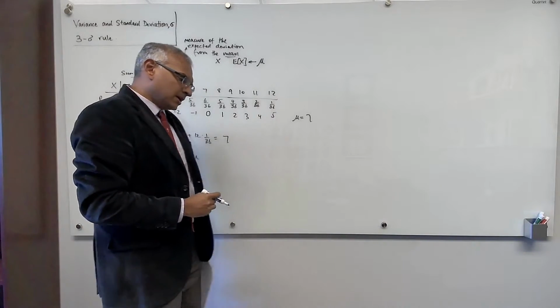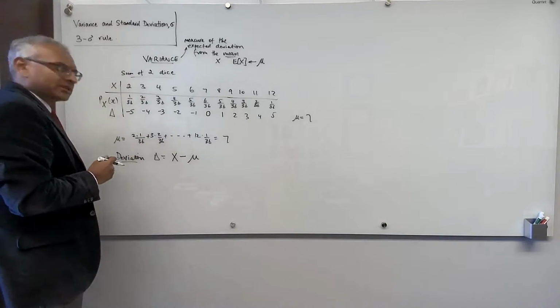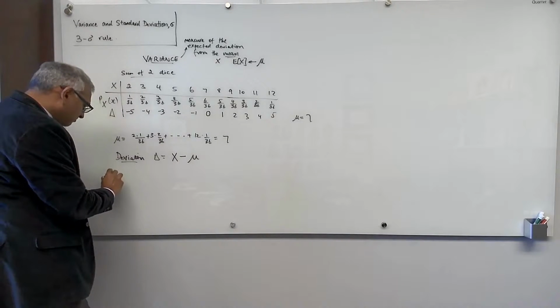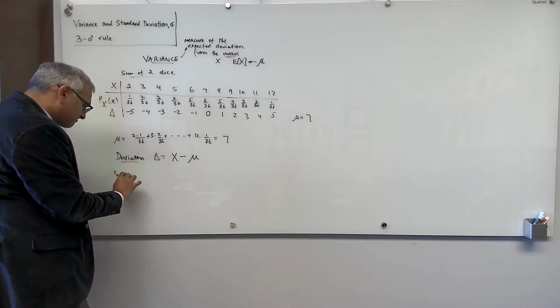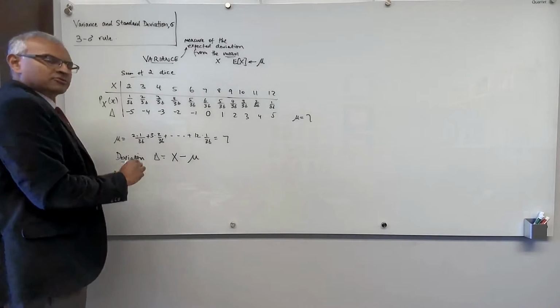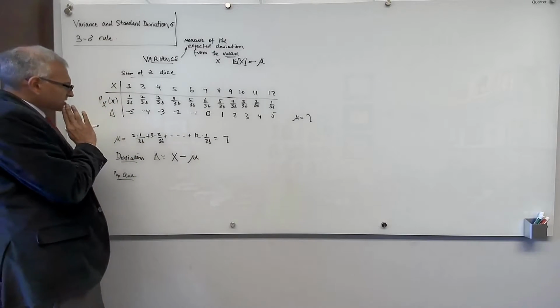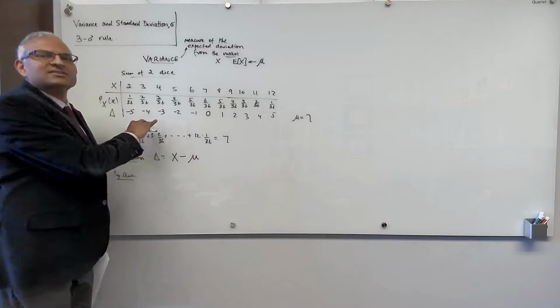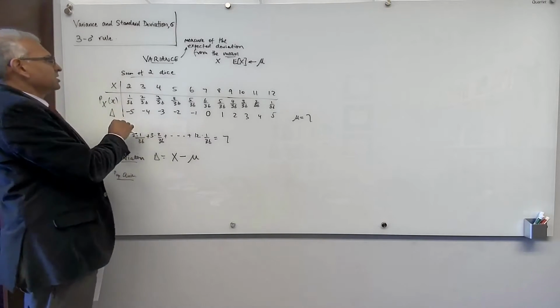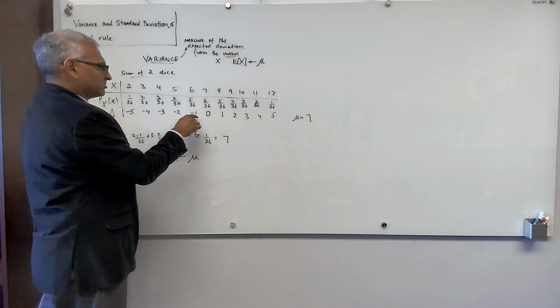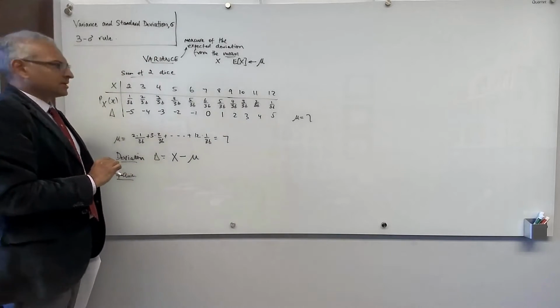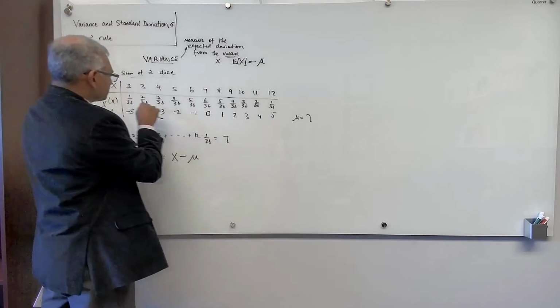Okay, and so pop quiz. First I want to emphasize that the deviation is another example of a random variable, because it takes on possible values, and each of these possible values comes with a probability.